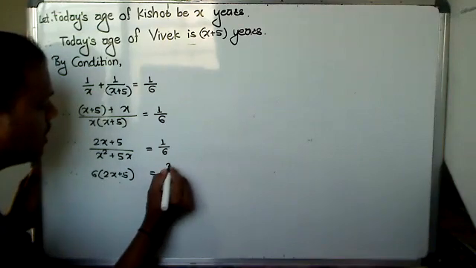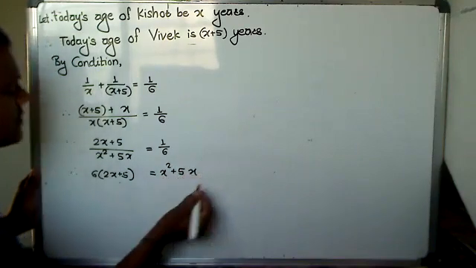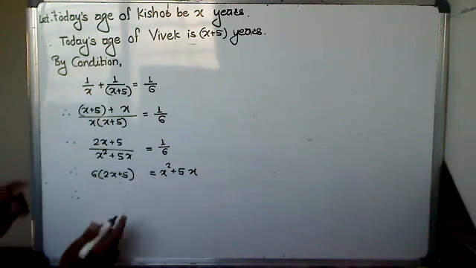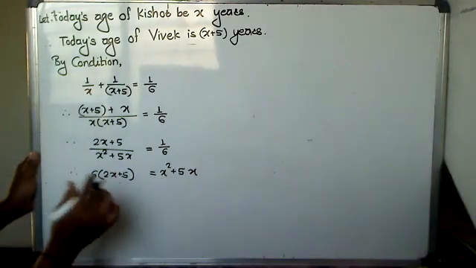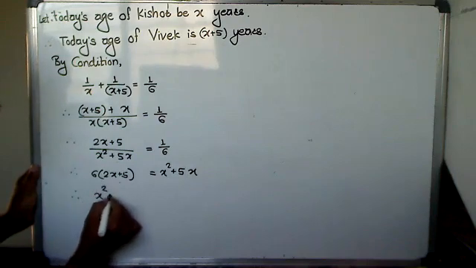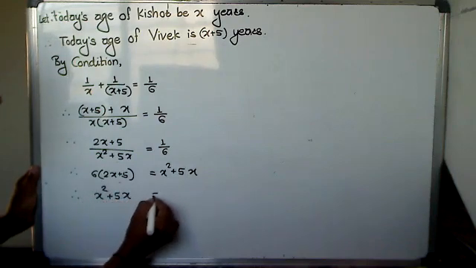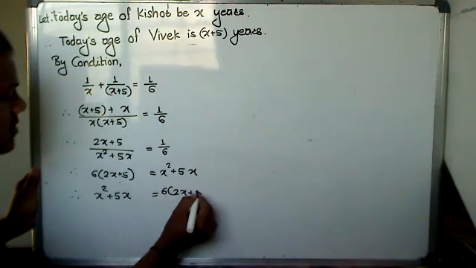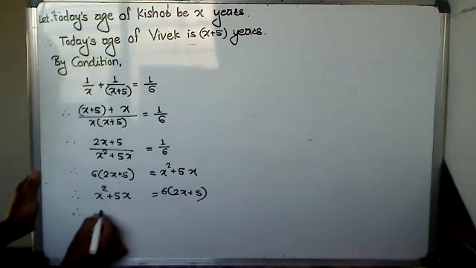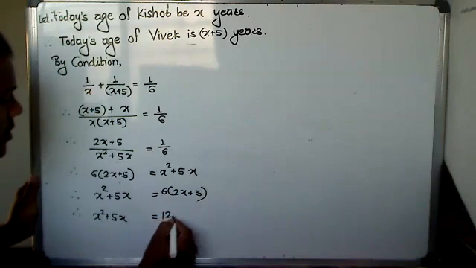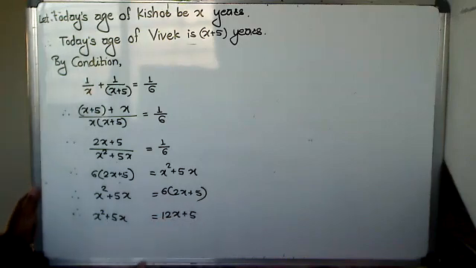So x square plus 5x is equal to 6 into 2x plus 5.